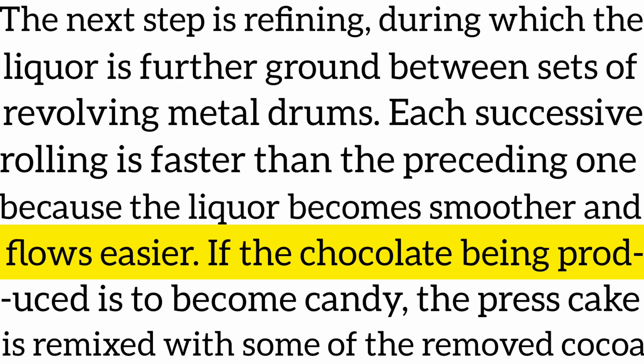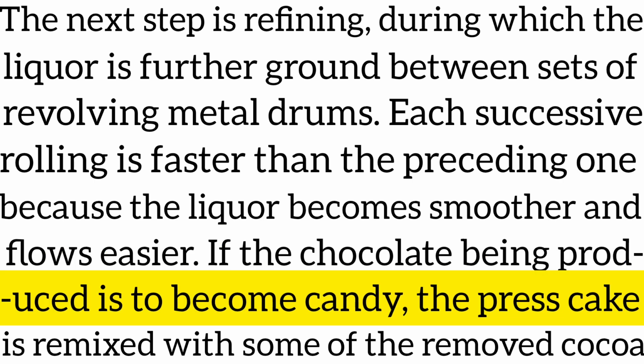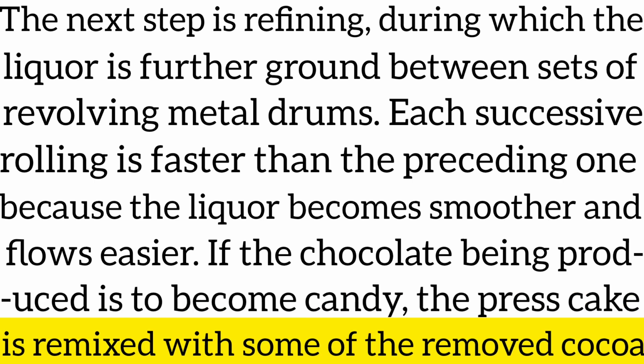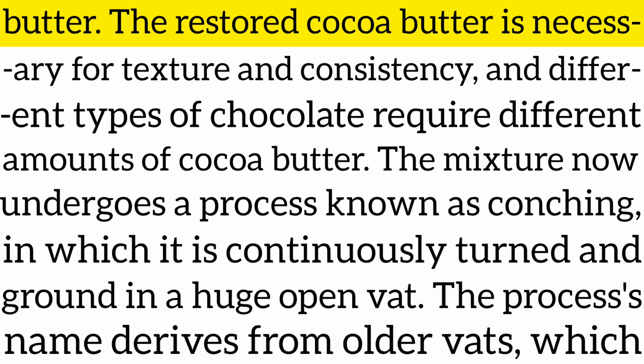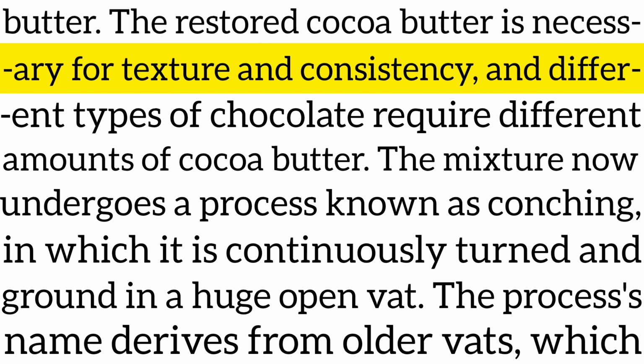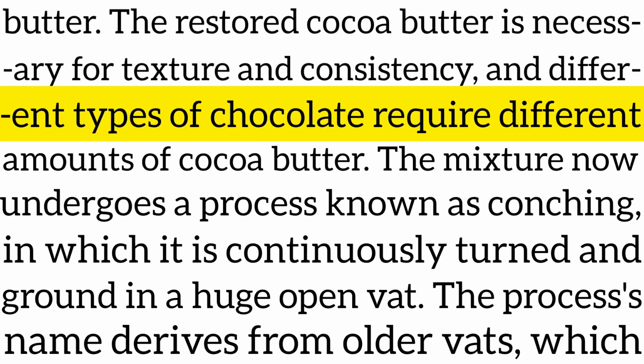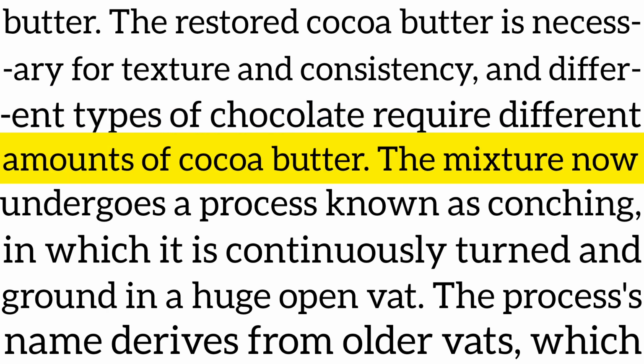If the chocolate being produced is to become candy, the press cake is remixed with some of the removed cocoa butter. The restored cocoa butter is necessary for texture and consistency, and different types of chocolate require different amounts of cocoa butter.